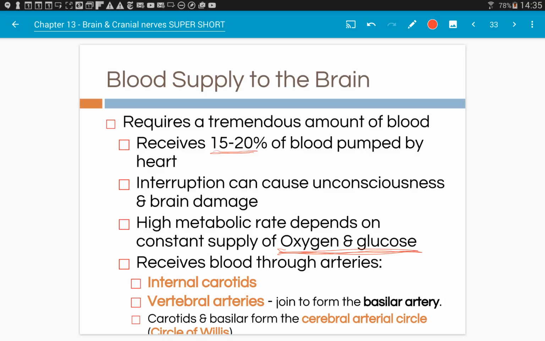Okay, so the arteries that are the most important, internal carotids, as I said, you've got 2 of those, and the vertebral arteries, you got 2 of those. And what is unique about the vertebral arteries is that, well, there's a couple things. First of all, okay, remember when we were learning about our vertebra, bones, last semester?